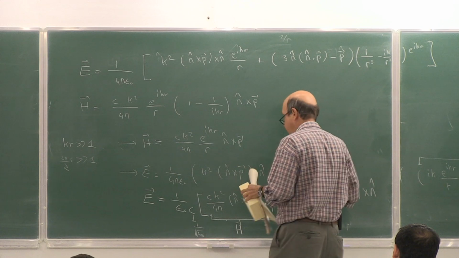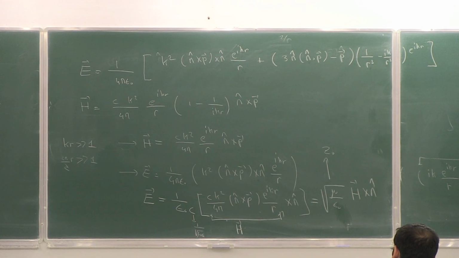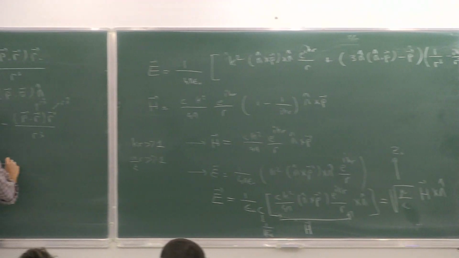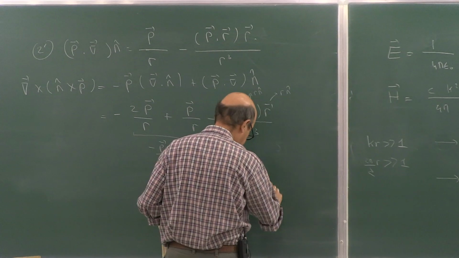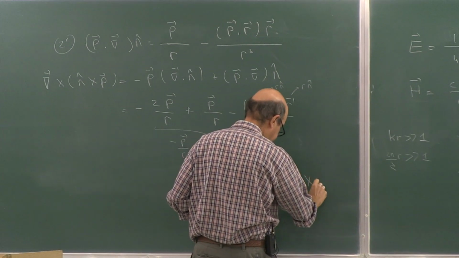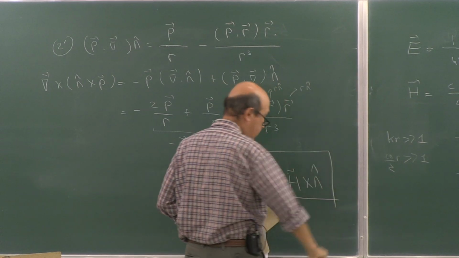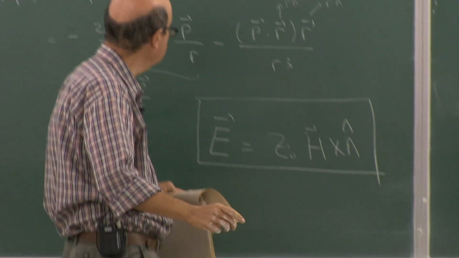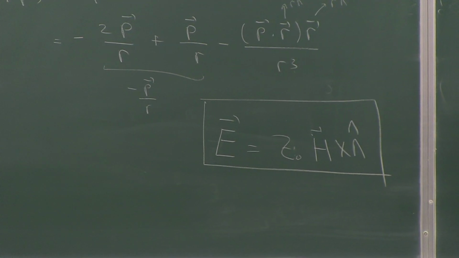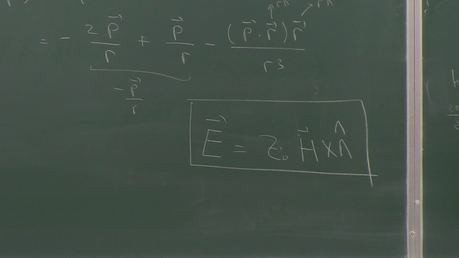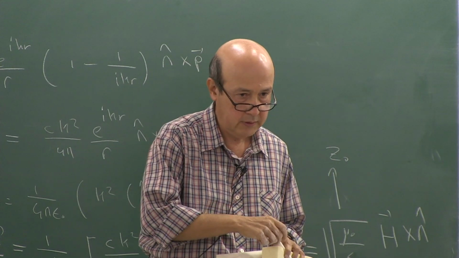So for the radiating zone, radiating fields, all the time you can use this H cross n. If you go to the far field zone from the source, the n, E, and H are mutually orthogonal to each other.